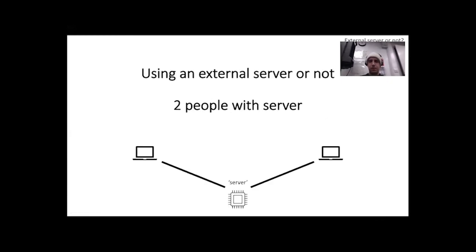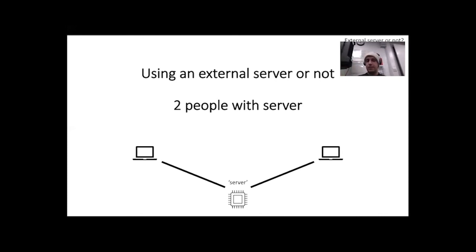So let's look at some theory here of how two people can connect. I would urge you to begin with two people first of all. You can add more people, and we'll get onto that later on, but it's just simpler to start like this. So if two people want to connect, they could connect with an external server. So that means they both connect to this server. Server means a kind of industrial scale computer out there in the world that connects to and supplies content to people who connect to the internet.